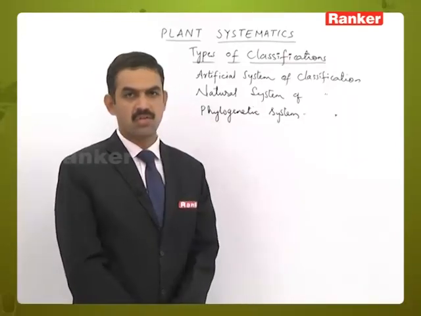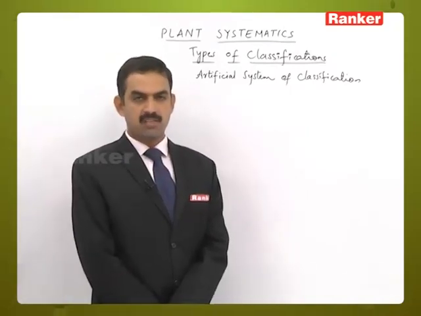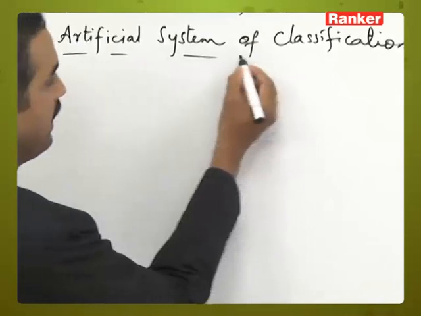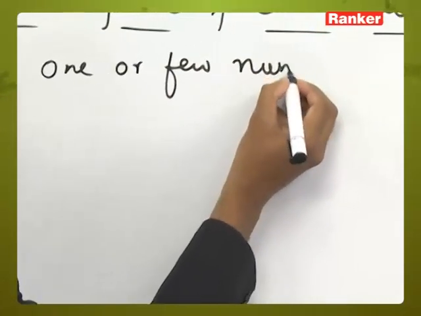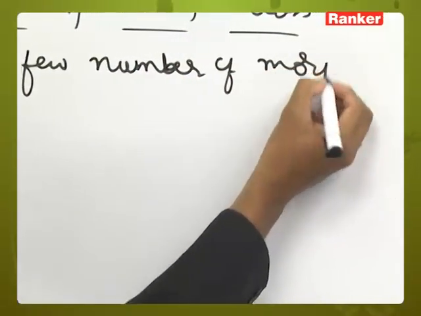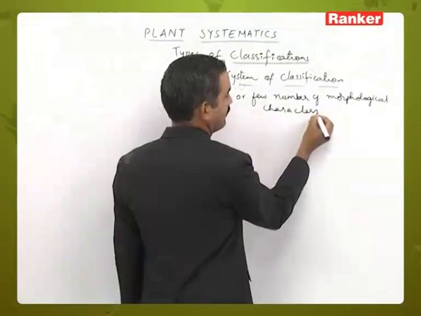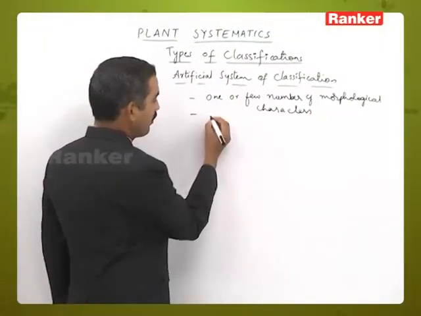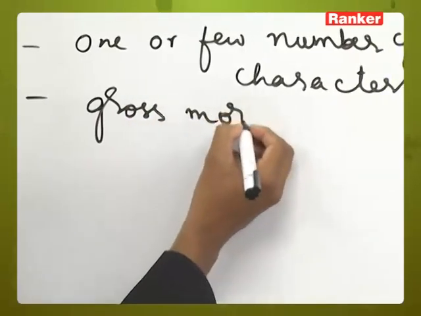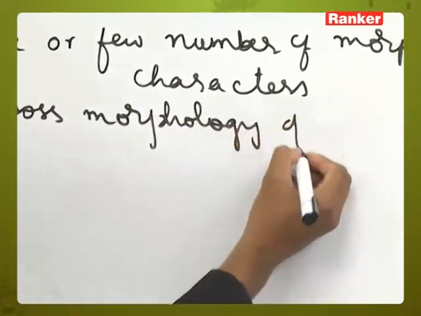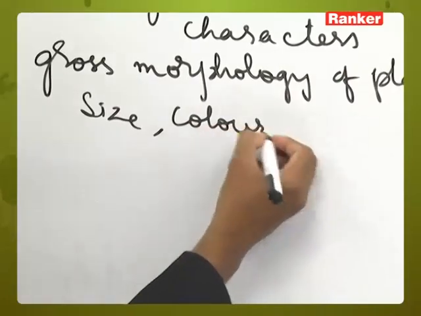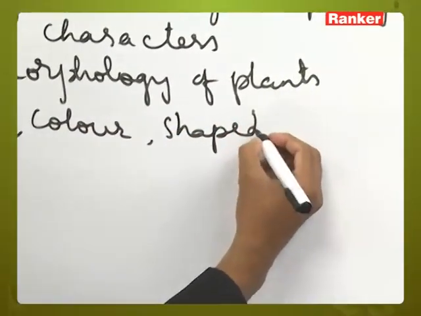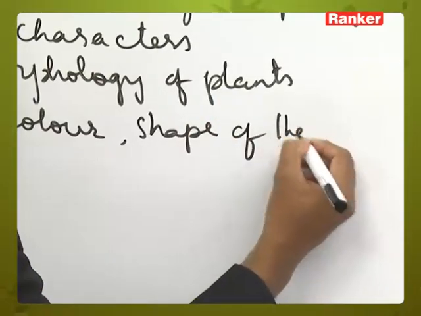Let's start with the first one, the artificial system of classification. According to the artificial system, the classification of plants is based on either one or a few morphological characters, or gross morphology of plant parts like size, color, and shape of the leaves.